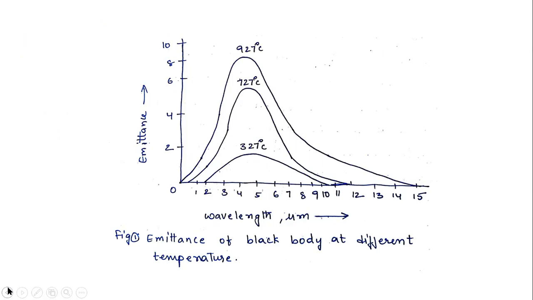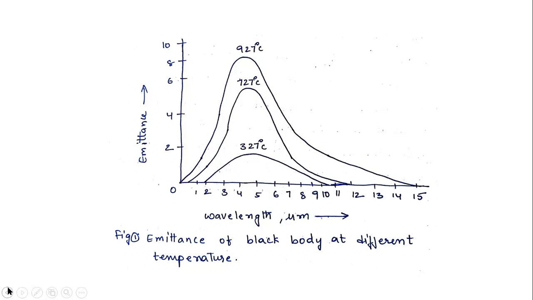We know that the sun emits radiation like a black body only. The sun emits like a black body whose surface temperature is about 5700 Celsius. So the sun has a maximum emission at 0.5 micrometers.